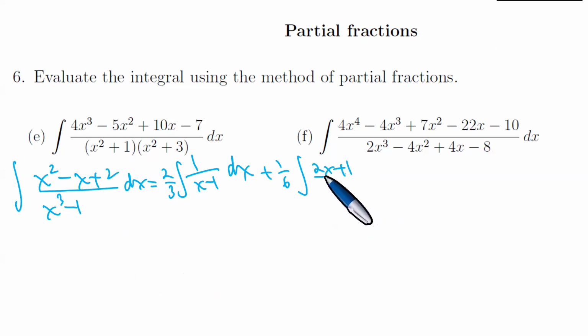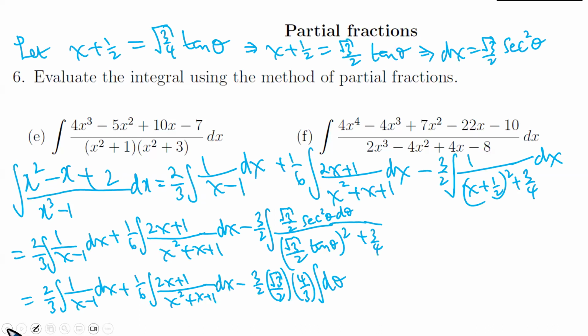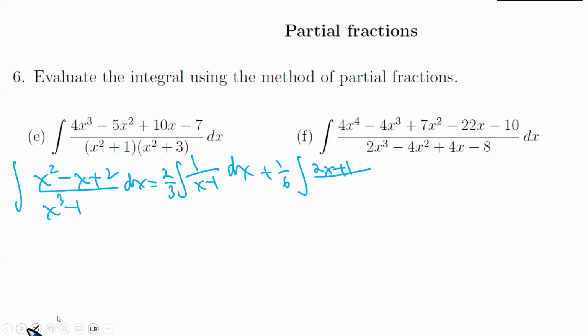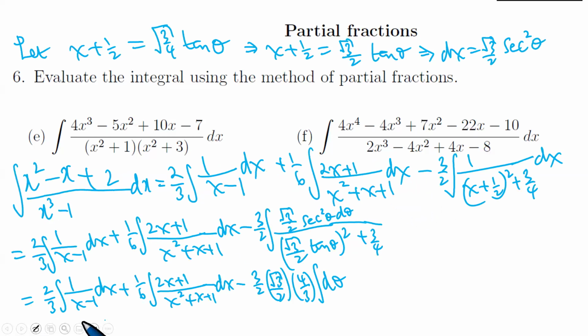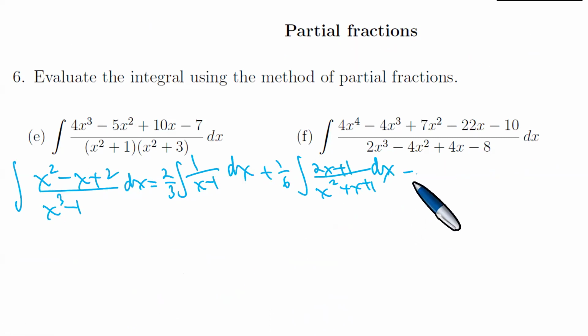2x plus 1 over ... dx minus, okay, the 2 times 2 is 4, it cancels, and the 3 cancels, leaving us with minus the square root of 3.